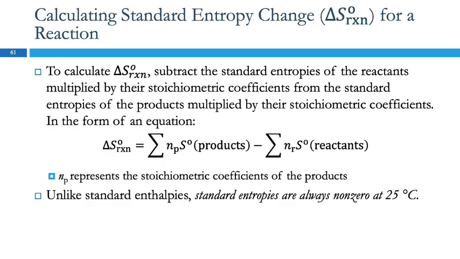But for standard enthalpies, elements had 0, right? Whereas with standard entropies, at room temperature, they are always non-zero, because the only time they are 0 is at 0 Kelvin.